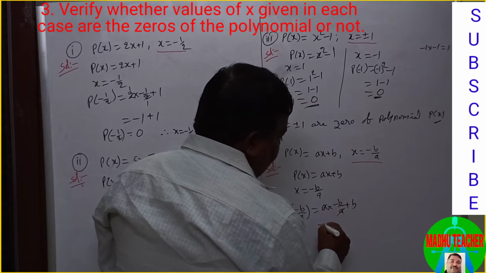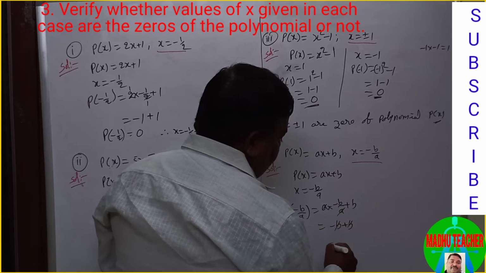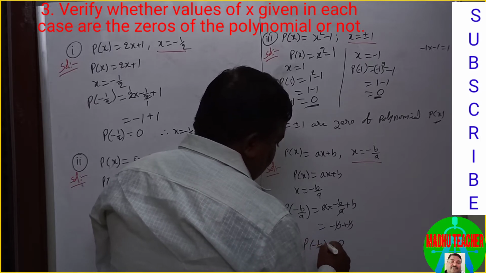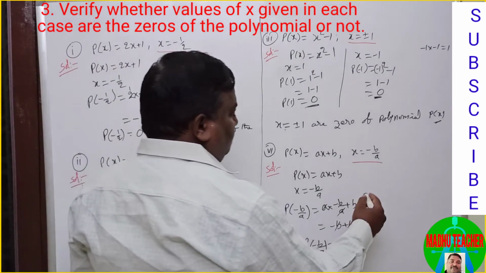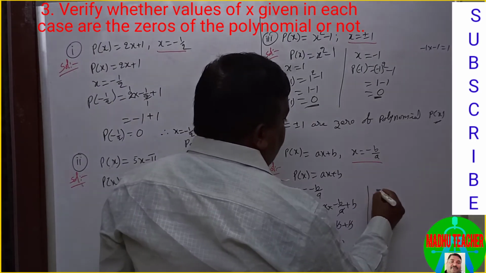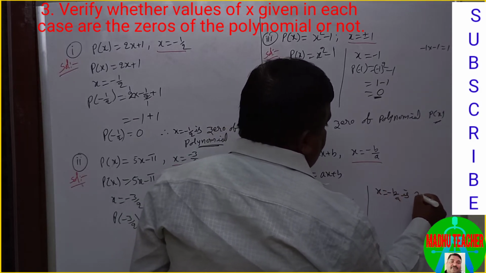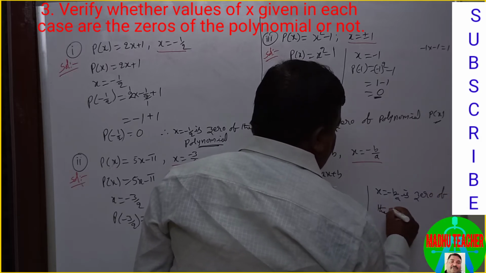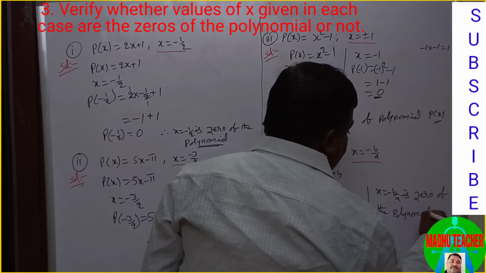The a cancels, remaining minus b plus b. Minus b plus b cancel, 0. That is p of minus b by a equal to 0. Therefore x equal to minus b by a is 0 of the polynomial p of x.